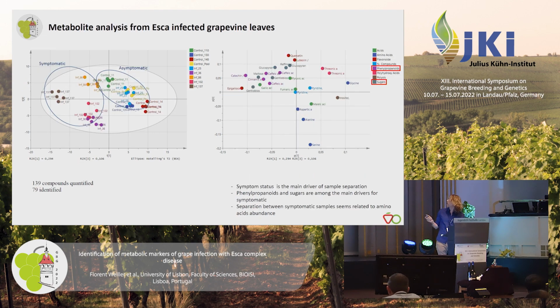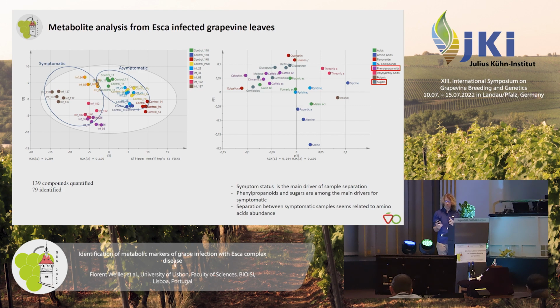We proceeded with the same methodological approach on our leaf samples. Here we managed to quantify 139 metabolites, with 79 of them being identified. Once again, we can see a nice separation between symptomatic and asymptomatic, with one exception.